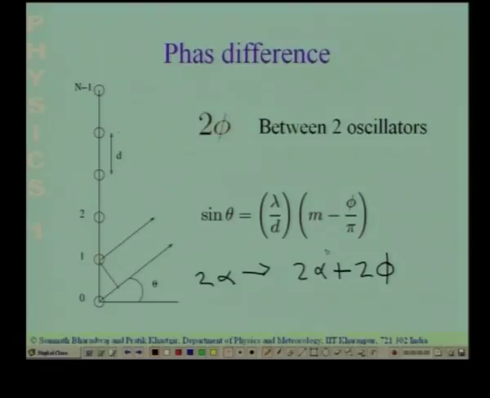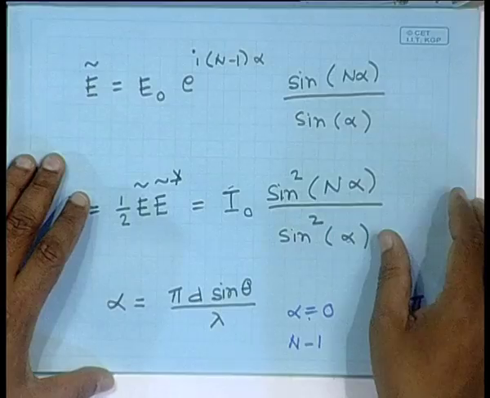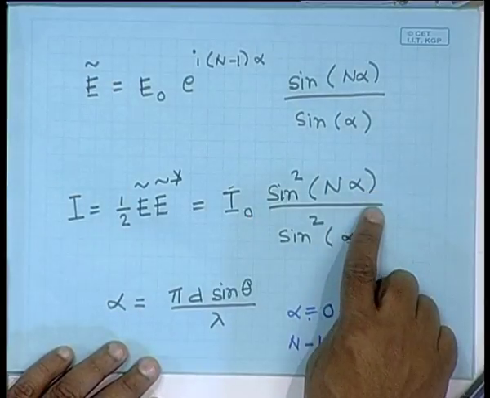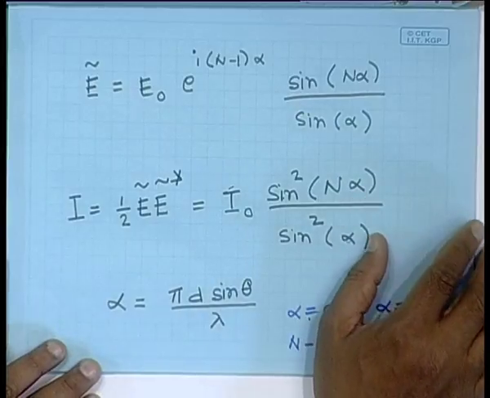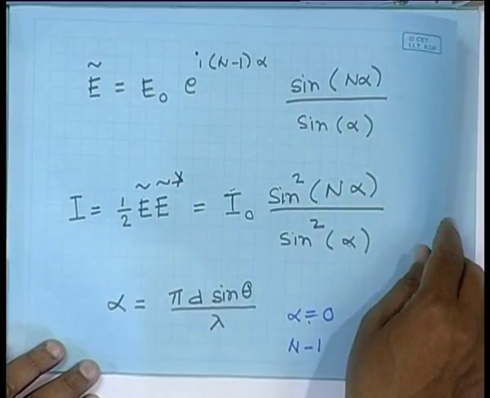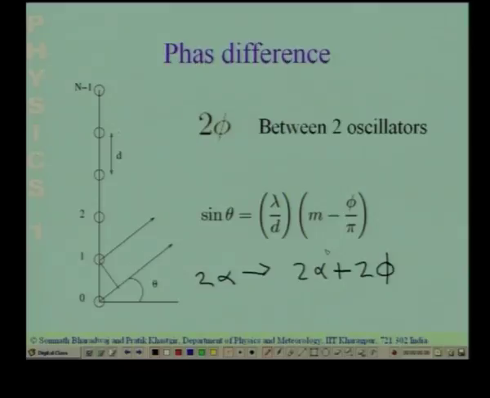in all these steps. So, for example, in the expression for the intensity, what you have to do is you have to replace alpha by alpha plus phi, where phi is now the phase difference between the oscillators themselves. Okay. And if you do this replacement, you will find that the condition for the maxima is what is given over here.